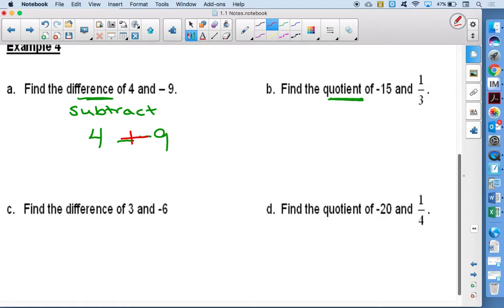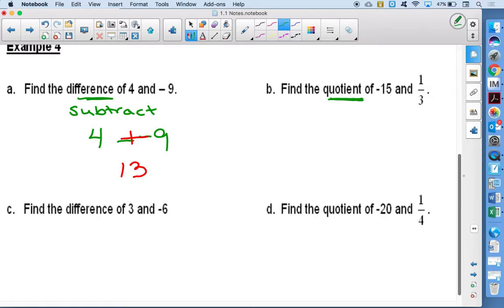So if I have 4 minus negative 9, what's that actually become? 4 plus 9, or 13. So that becomes a plus because you're taking the negative of a negative number.